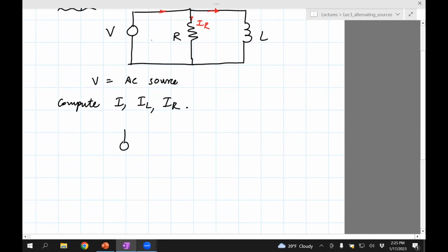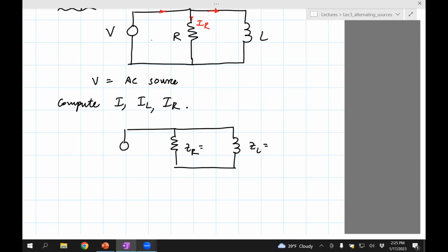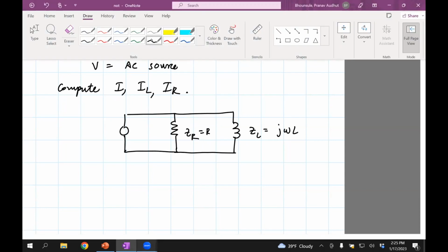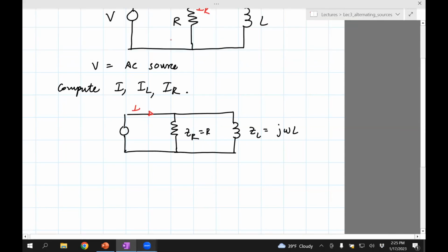What I mean by that is we can write this as ZR and this as ZL, where ZR is R, ZL equals j omega L.